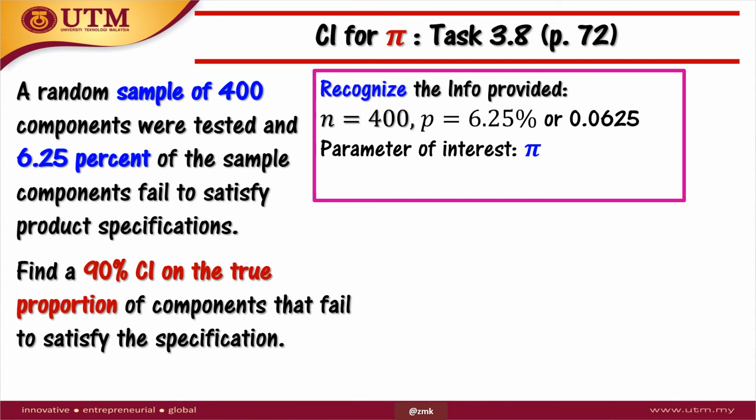If we want to construct a confidence interval for the proportion of components that fail to satisfy the specification, then we should use the sample proportion of components that fail to satisfy the specification. On the other hand, if we are interested in a confidence interval for the true proportion of components that satisfy the specification, then we have to use the sample proportion of components that satisfy the specification.